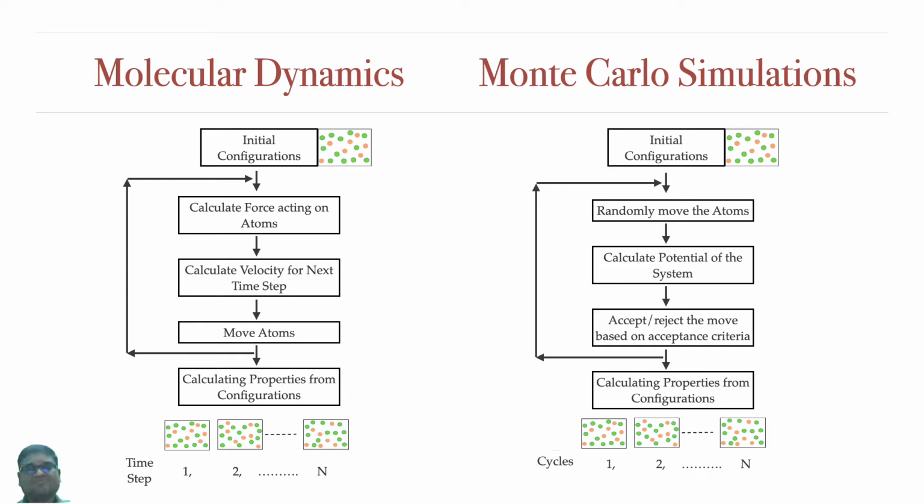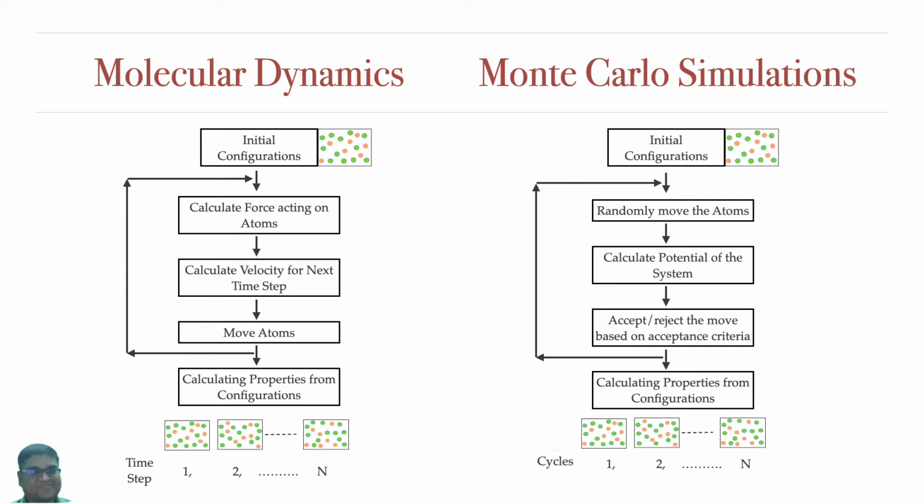So in both molecular dynamics and Monte Carlo simulation approaches, the basic principle is the collection of configurations. We move the atoms, and then we have n configurations. Based on these atomic configurations, on the movements of atoms, we calculate the properties.